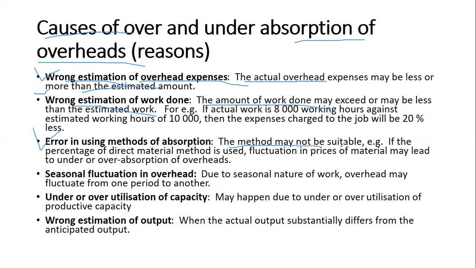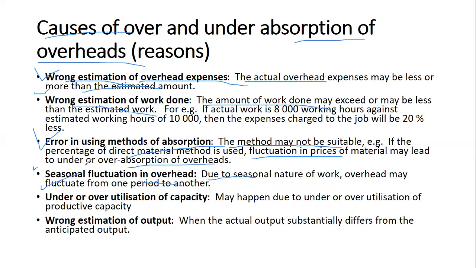The method may not be suitable; if the percentage of direct material method is used, fluctuation in prices of material may lead to under or over absorption of overheads. Also, seasonal fluctuation in overhead. Due to the seasonal nature of work, overhead may fluctuate from one period to another.